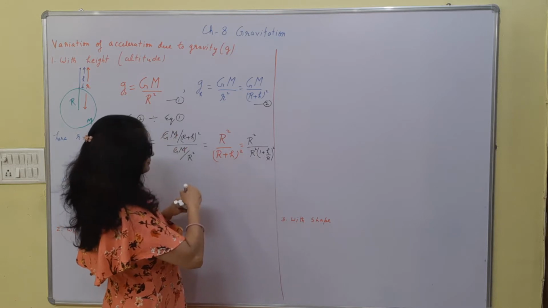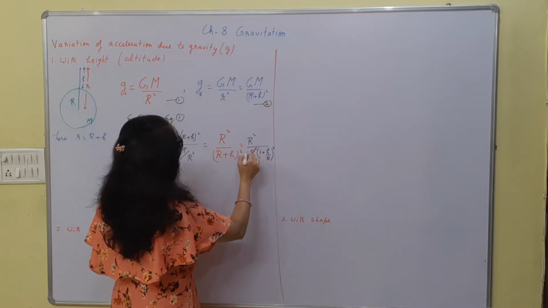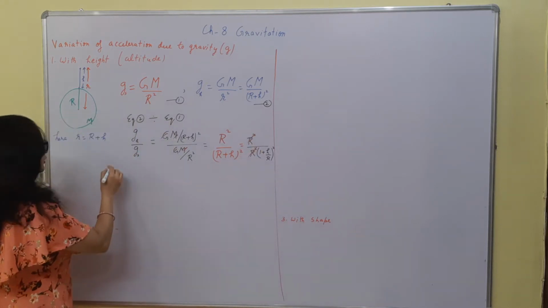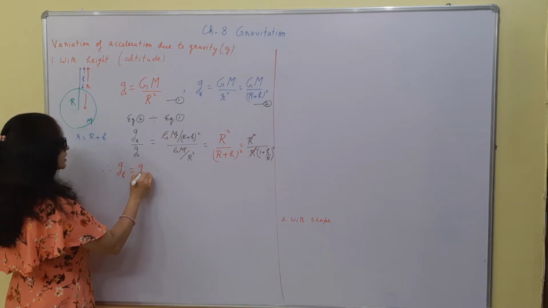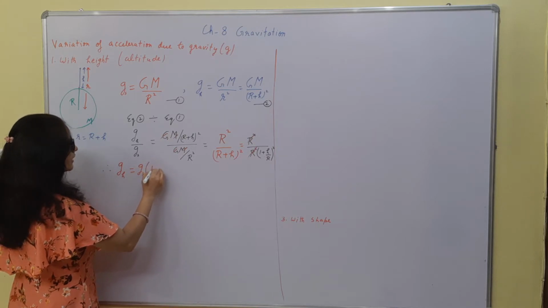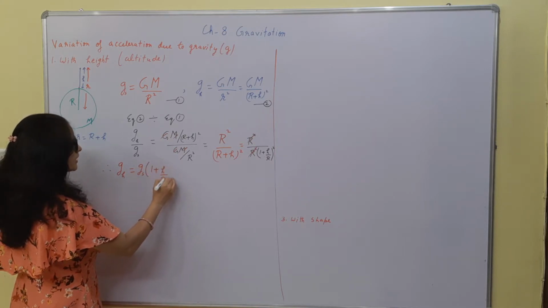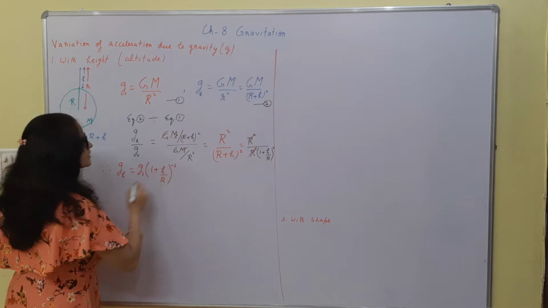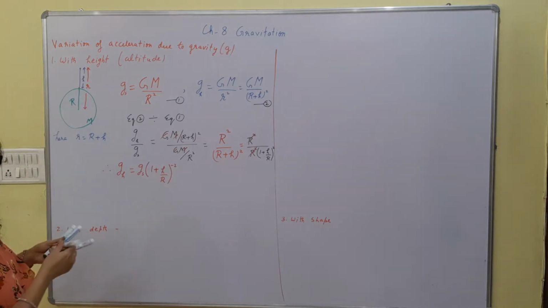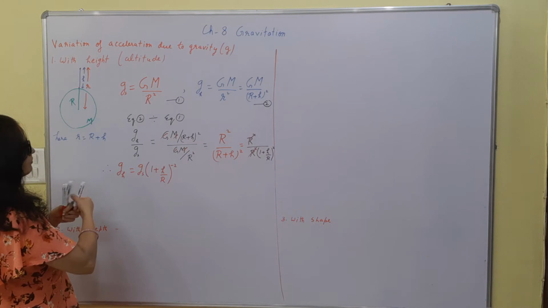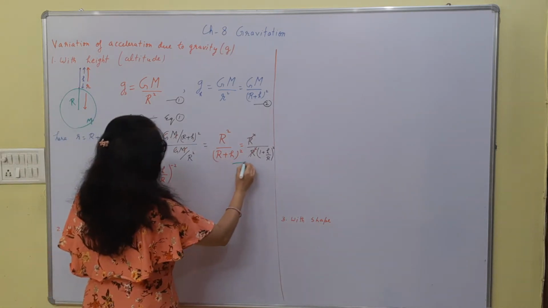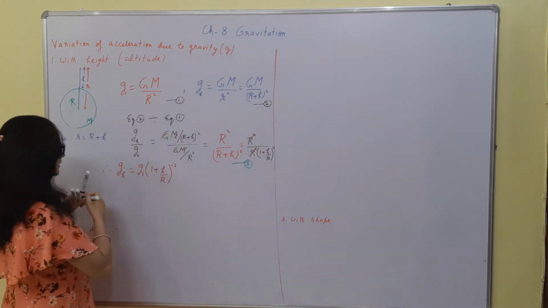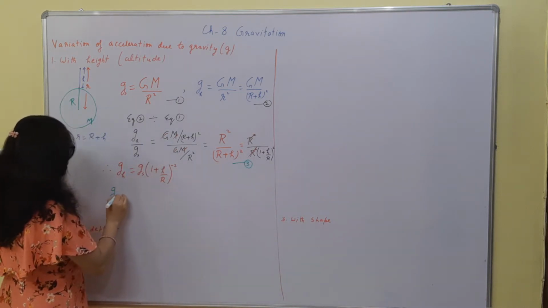So this way, this part will be cancelled, and if we solve it, we will get g_h is equal to g_s into 1 plus h upon R to the power minus 2. So let's mark this as equation 3, right?